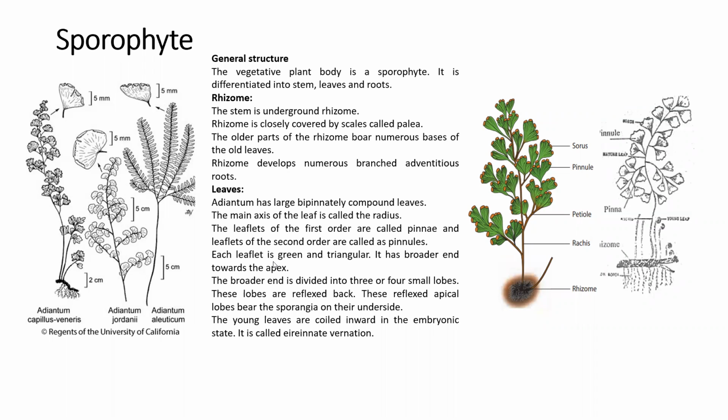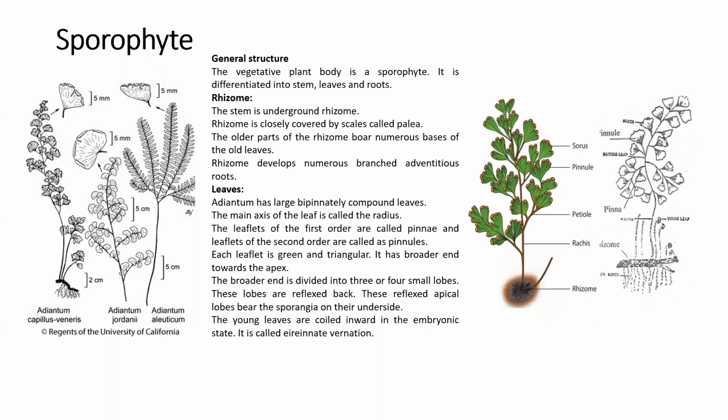They are green in color, triangular in shape, or sometimes wing-like structures. It has a broader end toward the apex region. So these are the characters of the leaf of Adiantum, the fern.